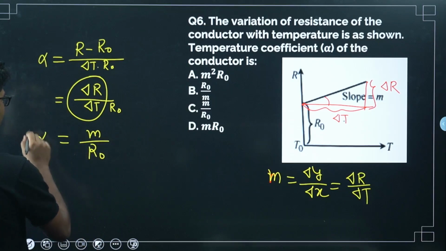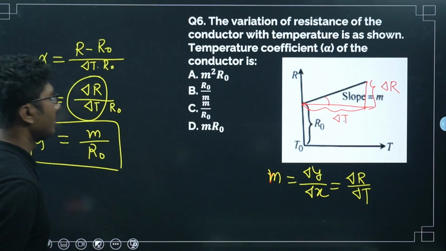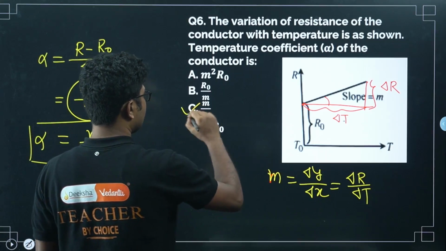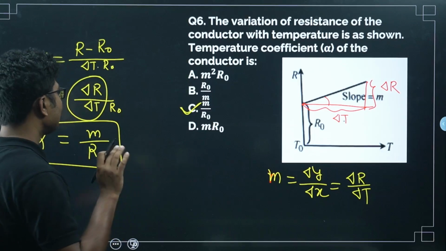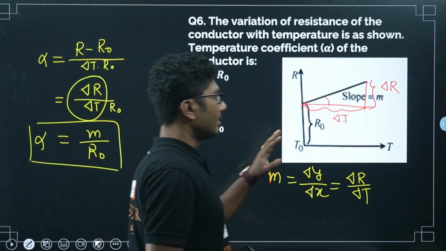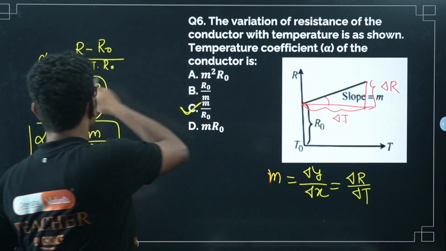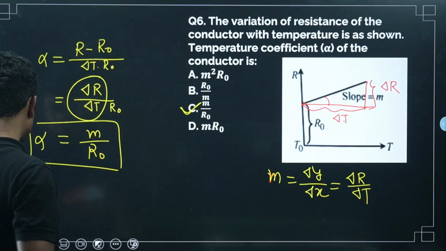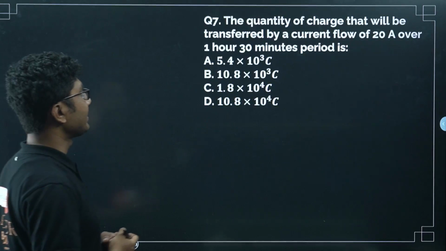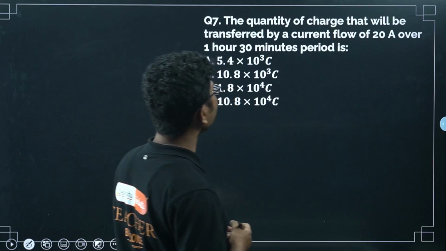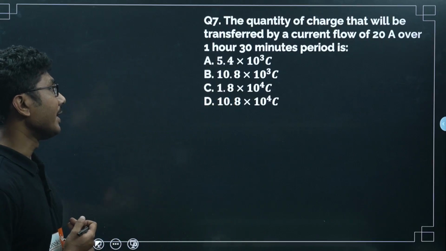So alpha is M divided by R naught. Okay, so correct answer is option C. Very simple question, very tricky question. If you have understood the concept of what alpha is, then only you will be able to answer this question, right?